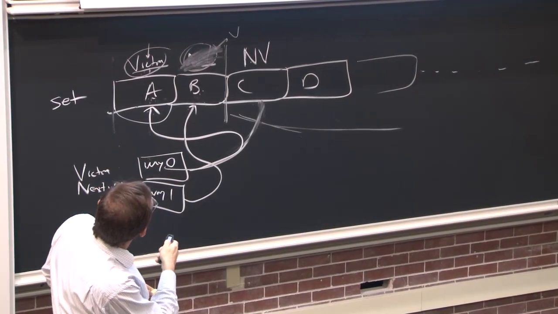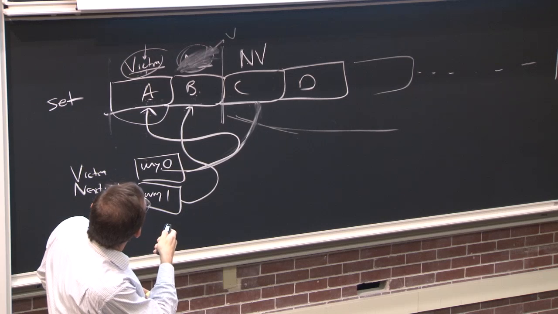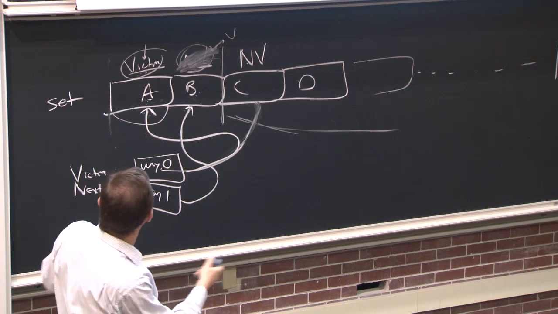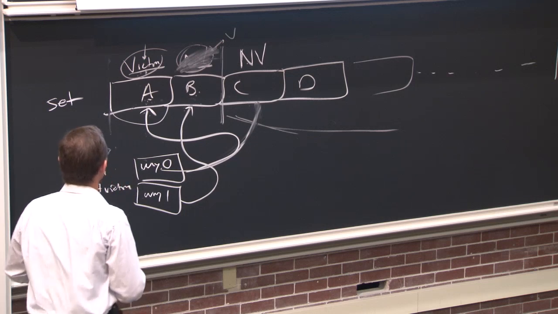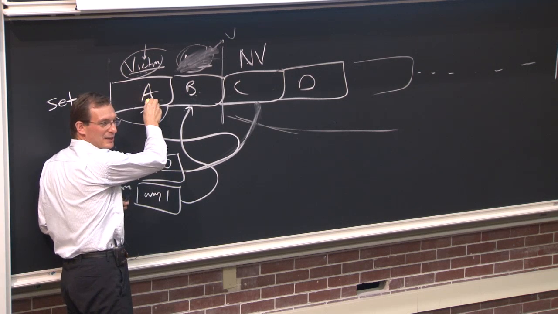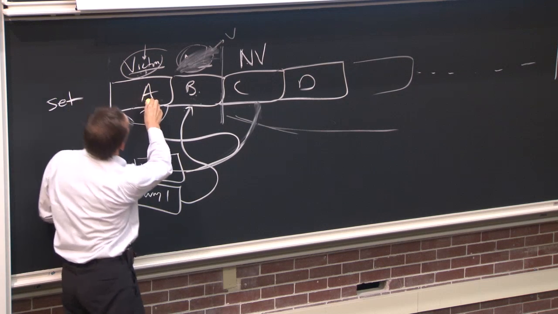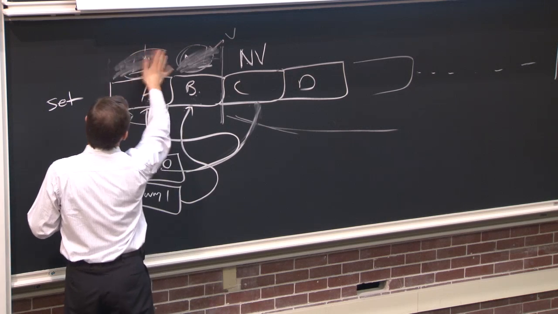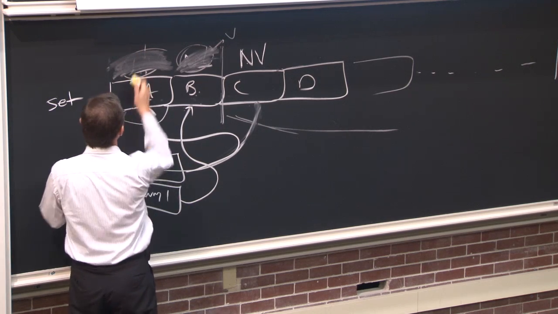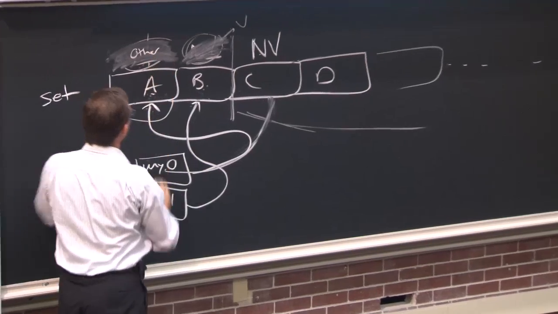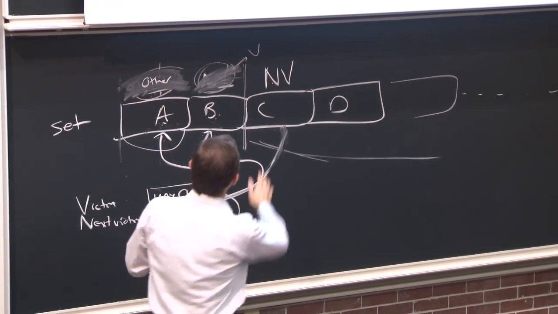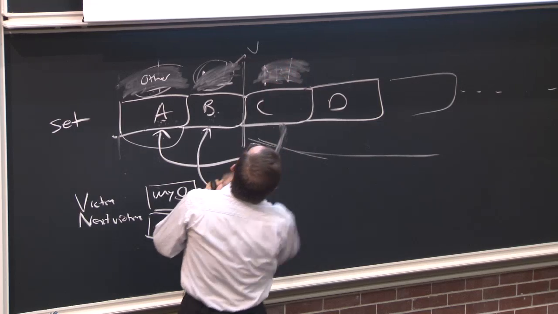And you get a hit to A. If you get a hit to A, now you're hitting on the victim. If you're following something like LRU, you'd better promote this. So what this does is make A neither the victim nor the next victim, just an other block. And the next victim, C, becomes the victim now.